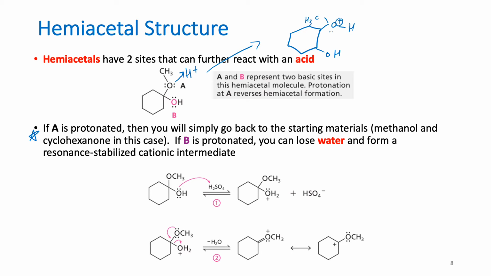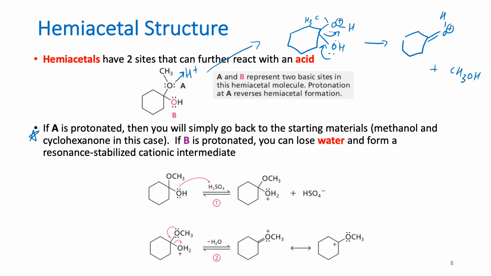Now all it has to do is drop its electrons down. Sorry, I drew that wrong. Drew it in the wrong spot, didn't I? All it has to do is drop those electrons down right there, and then you can kick off methanol to yield that oxonium plus CH3OH.